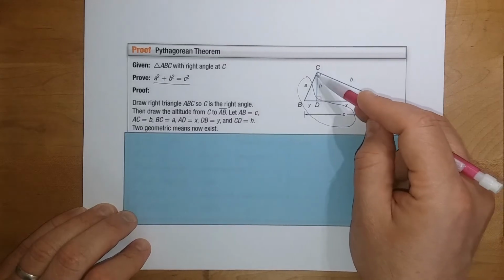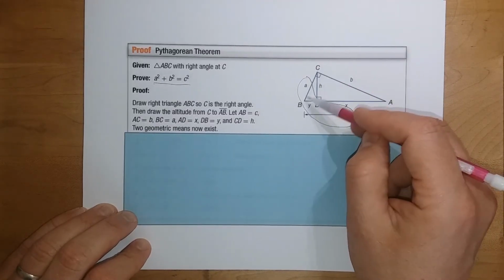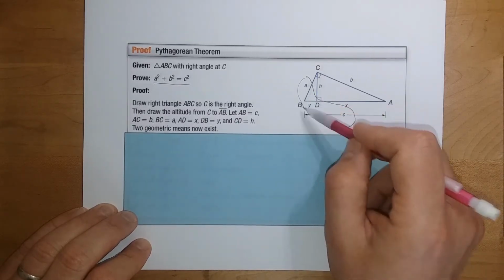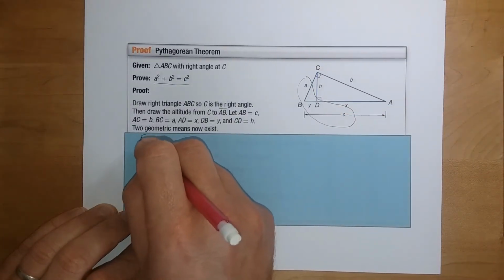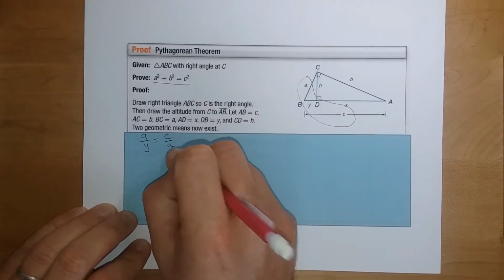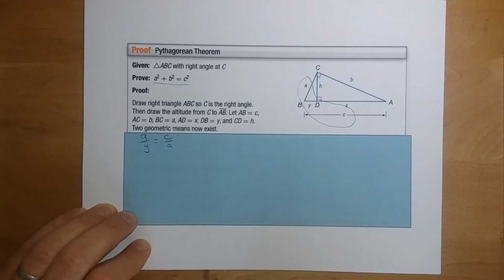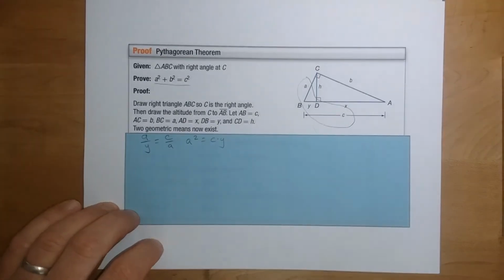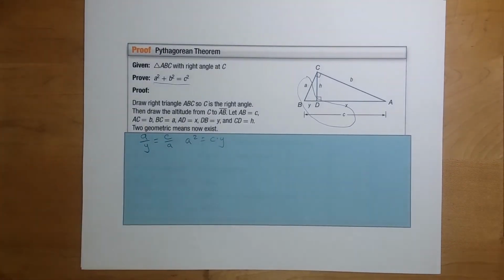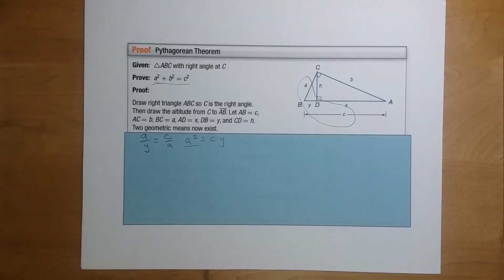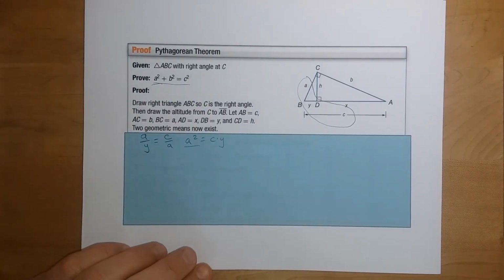Or we might say that a over y, hypotenuse over short leg, will equal c over a, hypotenuse over short leg. So a over y equals c over a. And your cross products there are going to give you a squared equals c times y. I did it that way because I want to end up with an a squared, because that's what we're trying to prove.